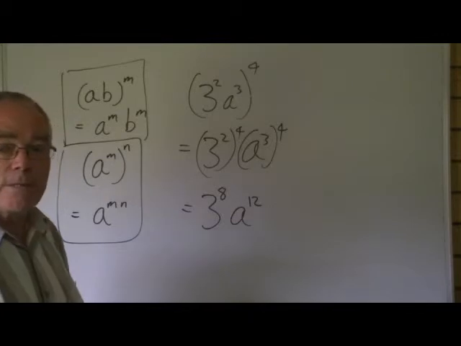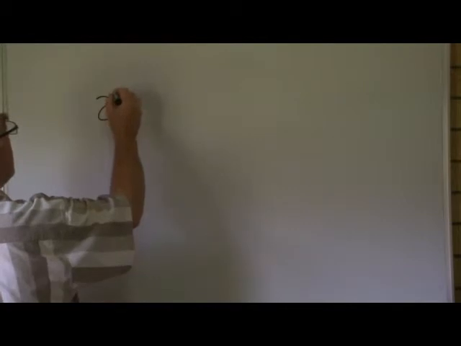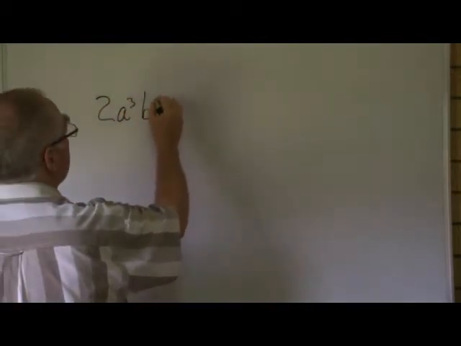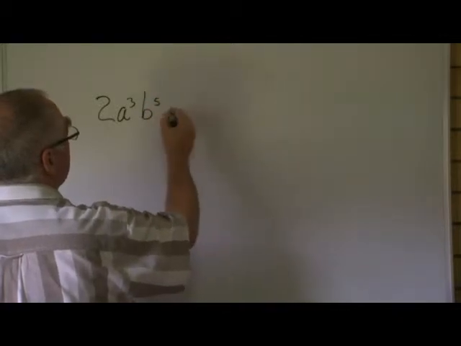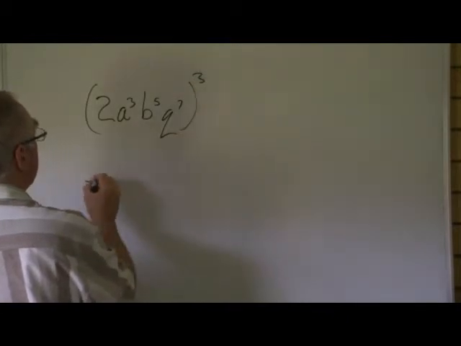Let's now take a look at some further examples. The example I just ran through pretty well covers everything. So let's take a look. Let's suppose I've got 2a cubed b 5 q to the 7 all cubed.